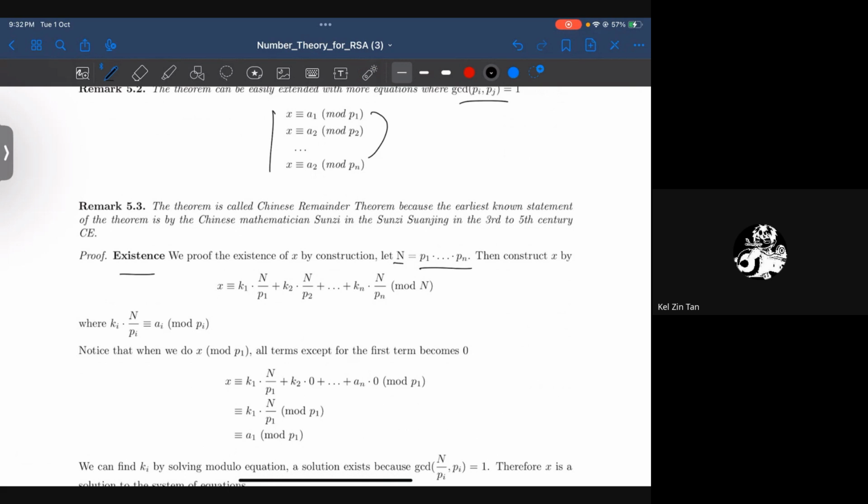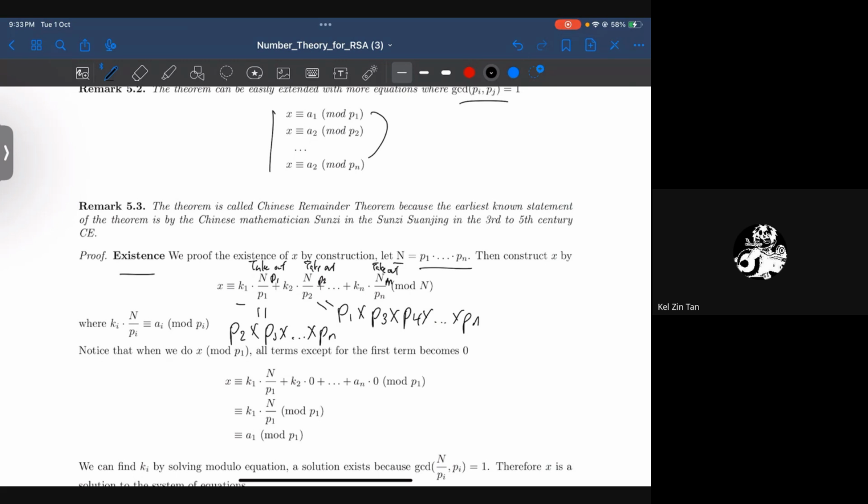Then we construct x by writing K1 multiplied by N divided by P1. Here N divided by P1 means P2 multiplied by P3 and everything until Pn. And N divided by P2 equals P1 multiplied by P3 multiplied by P4 and so on until Pn. Basically, you just take out one of the terms from each of them. Here you take out P1, here you take out P2, and here you take out Pn.